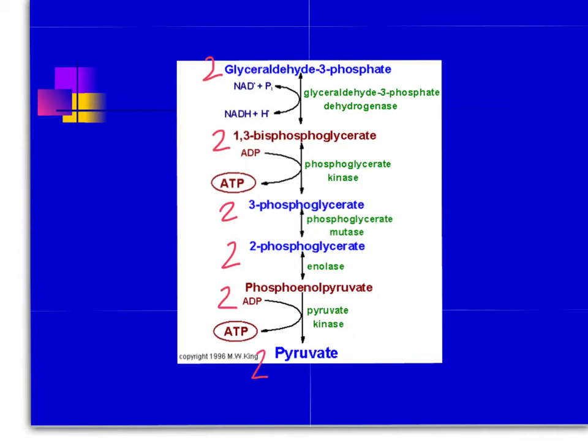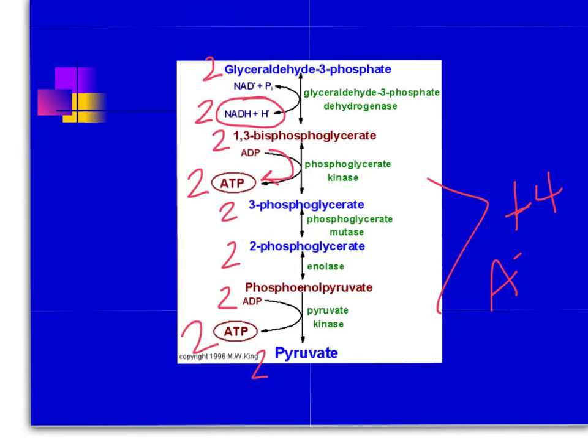So when we have this NADH here, what does that mean? Do we just have 1? No, we have 2. And when we make this ATP here, are we making 1? No, we're making 2. So this is where we had that +4 ATPs, but we used 2 early on the last slide, if you remember.